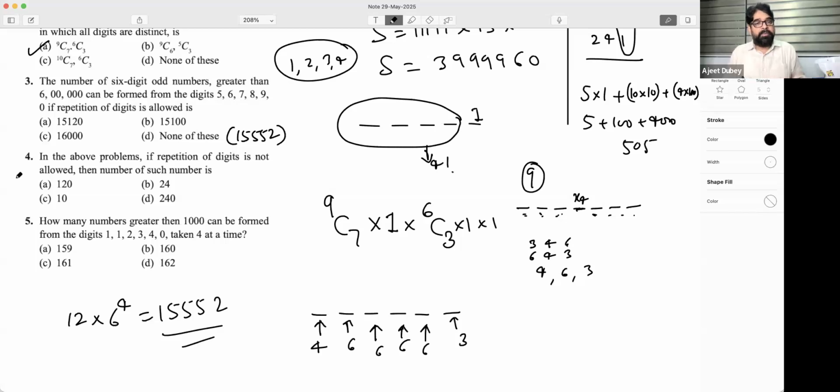Question number 4. I think very easily you can tell. Repetition of digits is not allowed. The same question. Repetition of digits is not allowed.